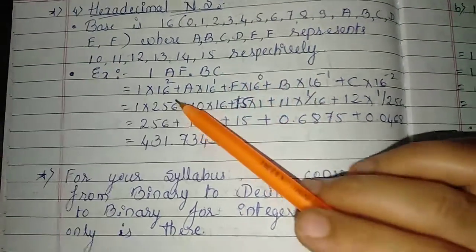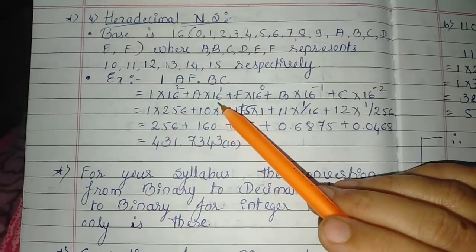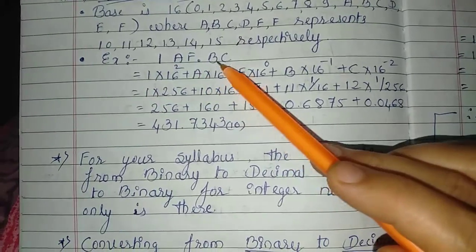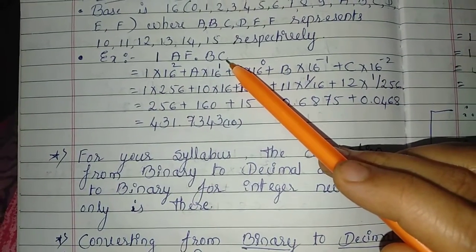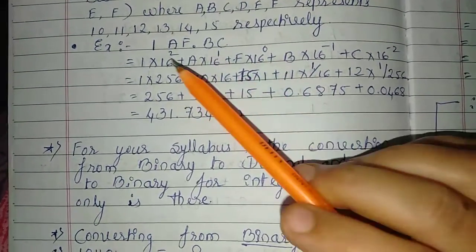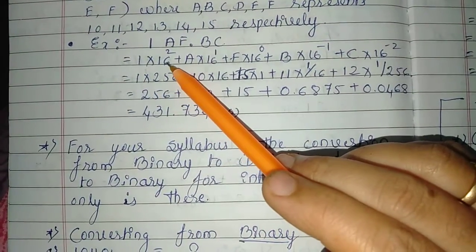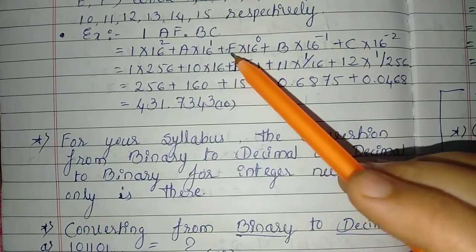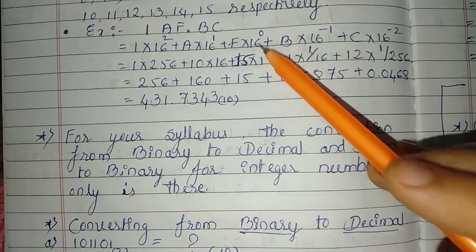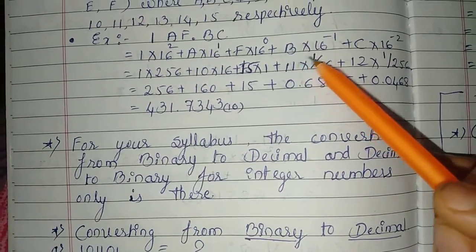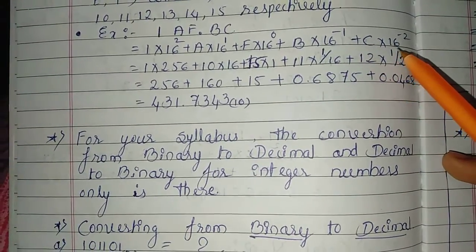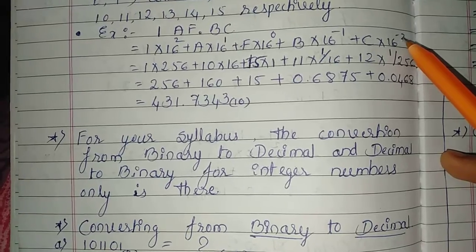First, directly we'll take the example 1AF point BC. This can be expanded as 1 into 16 raised to 2, A into 16 raised to 1, F into 16 raised to 0 plus B into 16 raised to minus 1 plus C into 16 raised to minus 2.